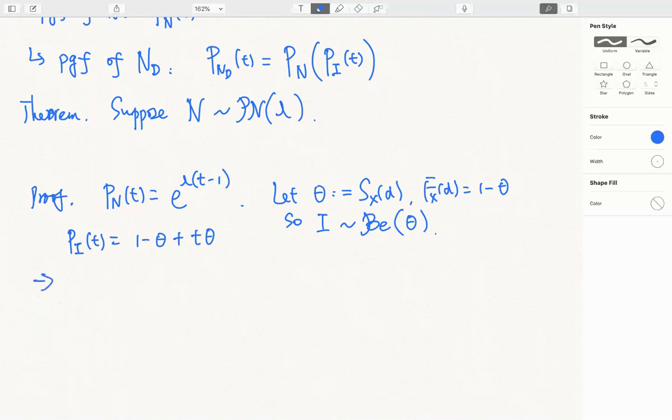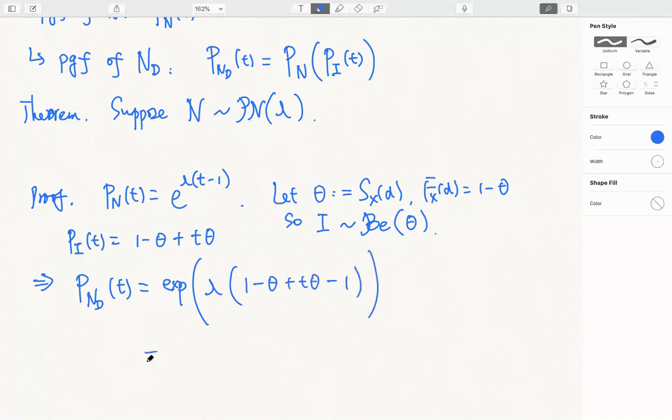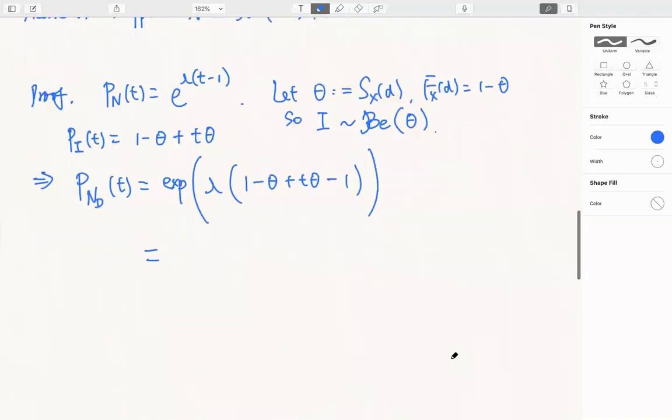So my new PGF of N_D will be exponential. Let's put exp of lambda times, let's use P_I to replace t, (1 minus theta plus t theta minus 1). Okay, we should obviously simplify.